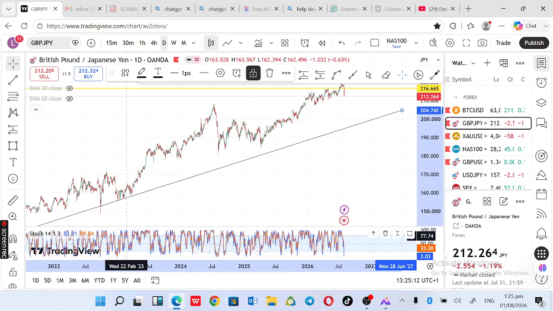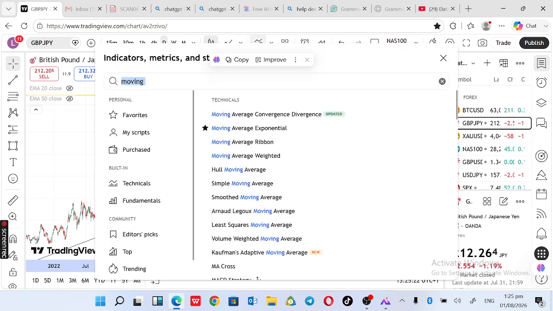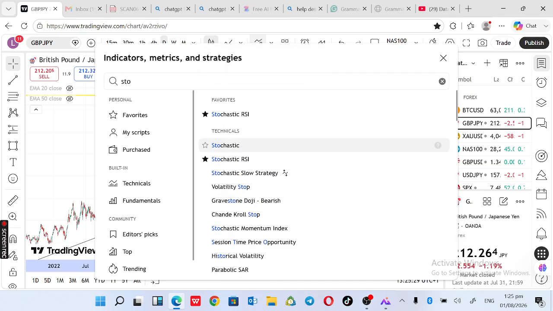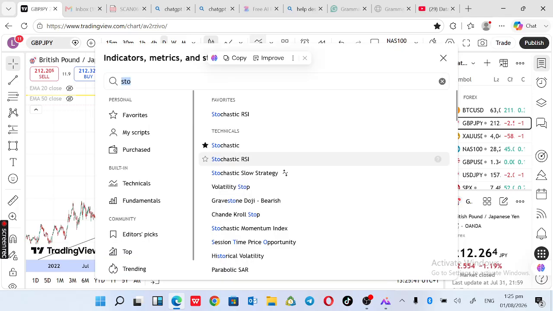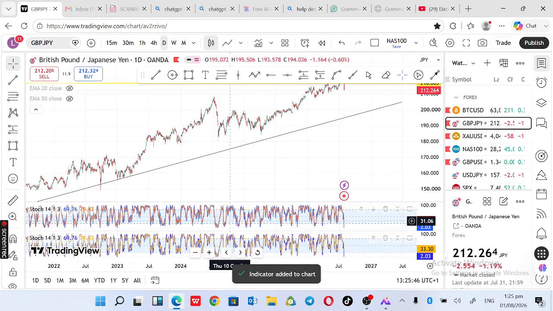I think it's a bit too zigzag. Let's use the one that has just normal stochastic. So we have two here.